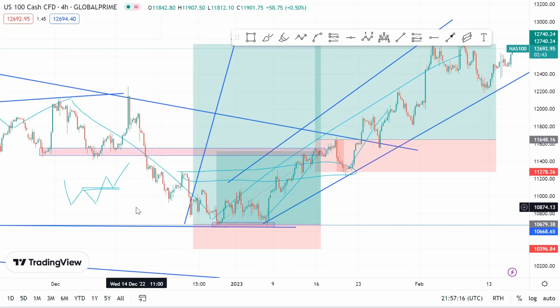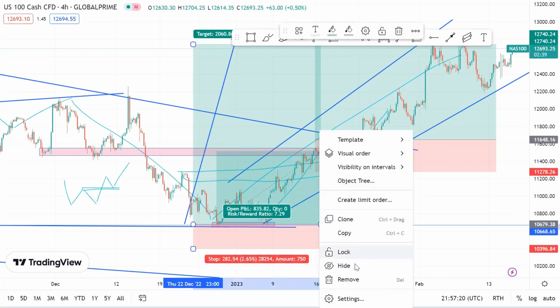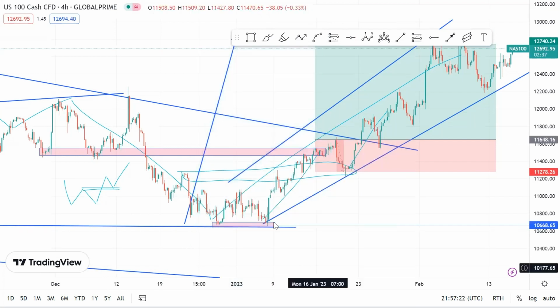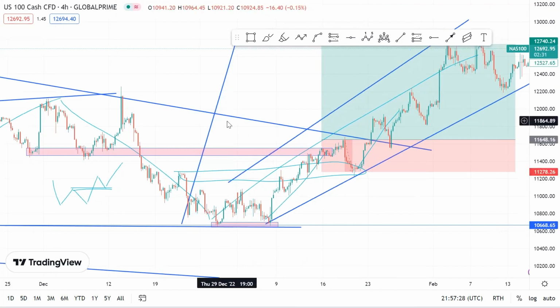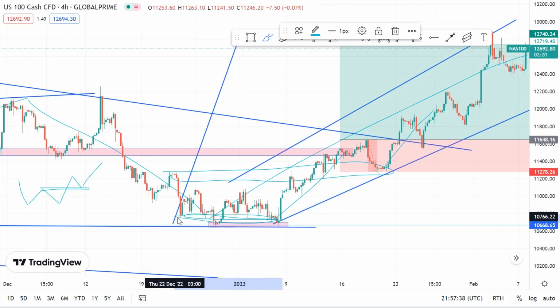So since we saw that this market, let me move this here. Since we saw that this market was ready for buys, we then decided to take our trade here in respect to this point, to this zone here, because remember, we're not risking to just lose, but we're risking to make money.